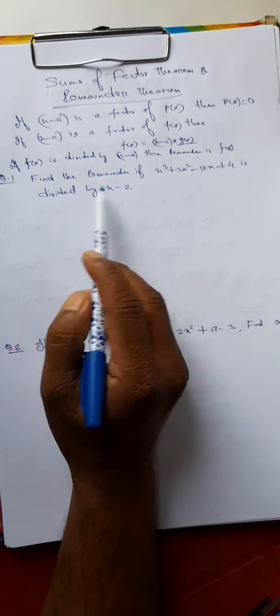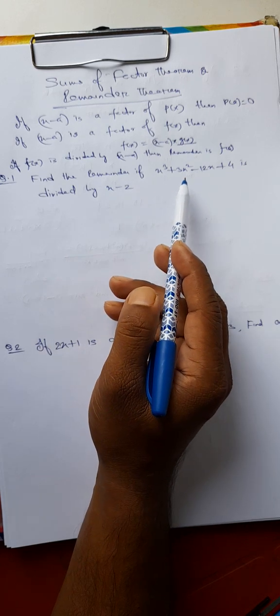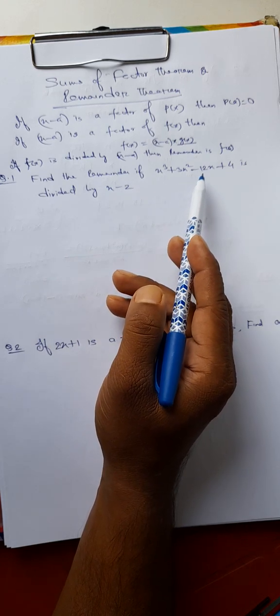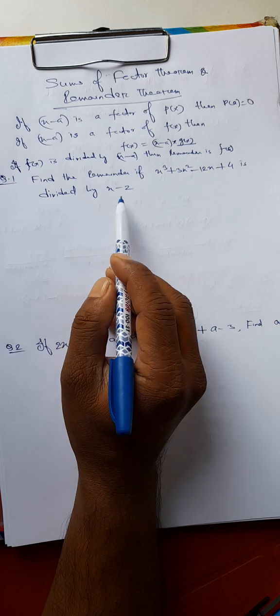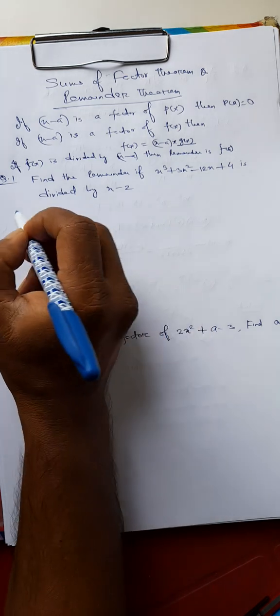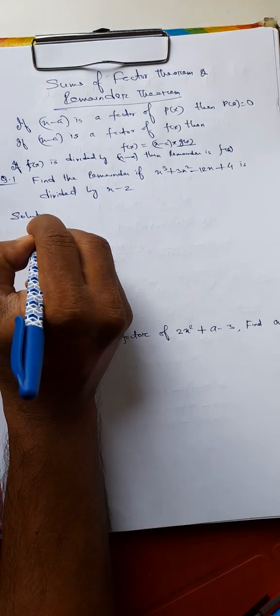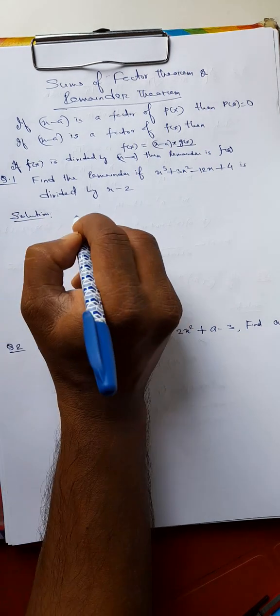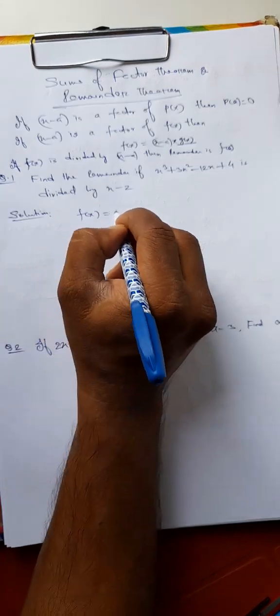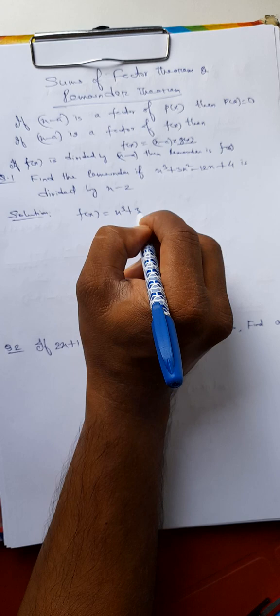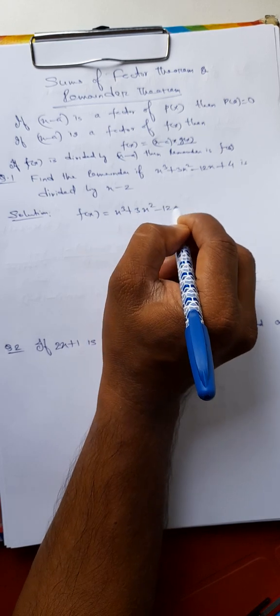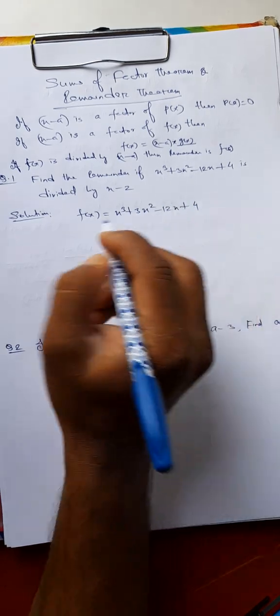Now the first sum is: find the remainder if x cube plus 3x square minus 12x plus 4 is divided by x minus 2. Solution. The given polynomial is f(x) equals x cube plus 3x square minus 12x plus 4.